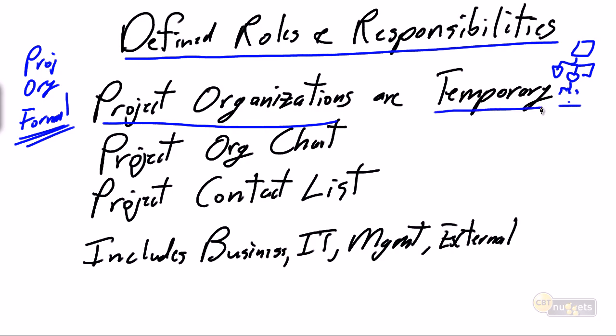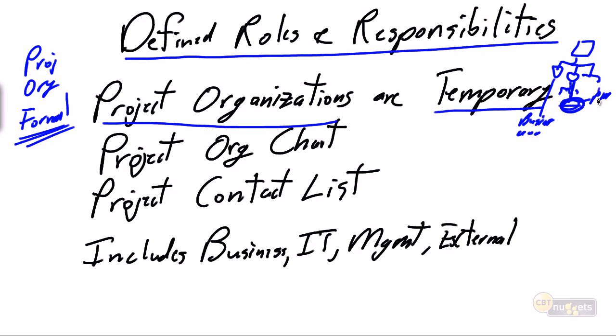Our project organization is temporary. We may be 4 levels deep into that project organization chart, and here we are, the PM. And we're here reporting to the IT person, but we may also have a member from the business community as our subject matter expert. We may have a person from the operations department.